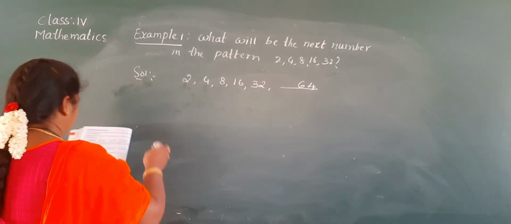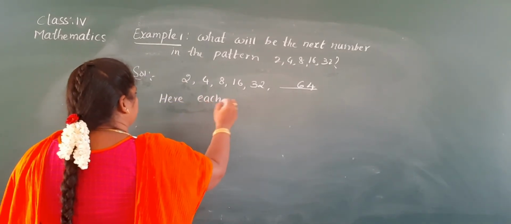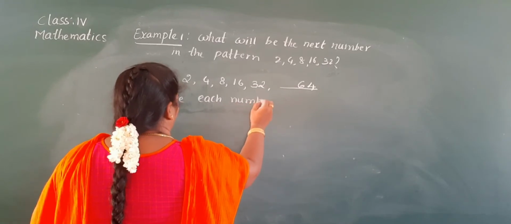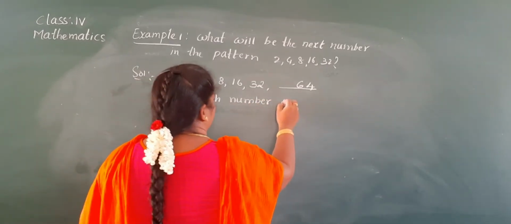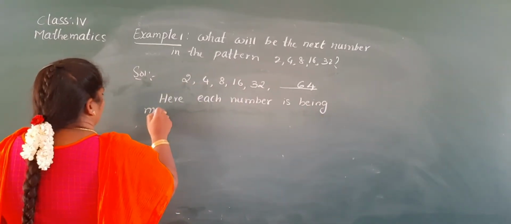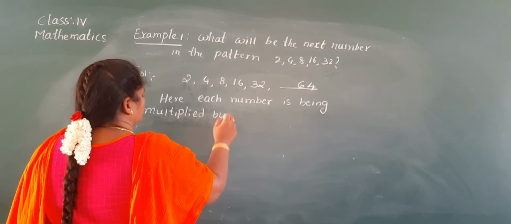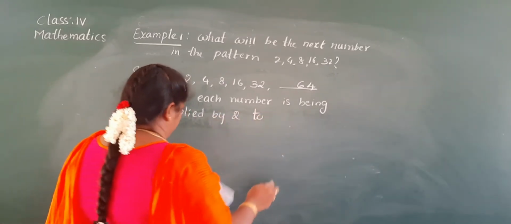So here what do we have to write? Here you will write the same thing. Each number is being multiplied by 2 to get the next number.